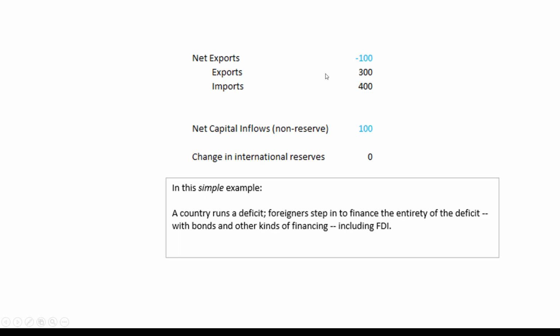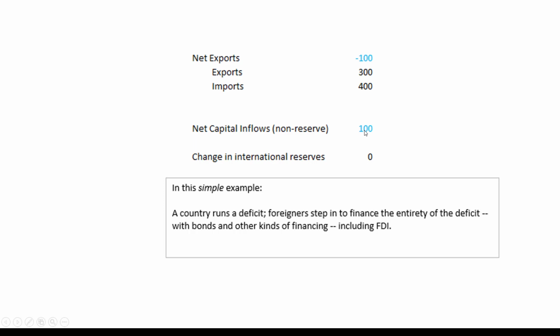Okay, I'm going to give you a little example. Let's start off with a very simple example. Here we have a country that's exporting 300 and importing 400. Its deficit on net exports is 100. My book mentions the current account, which is an expanded concept, but we can just keep this to net exports. It turns out that means we have a $100 deficit that has to be financed.